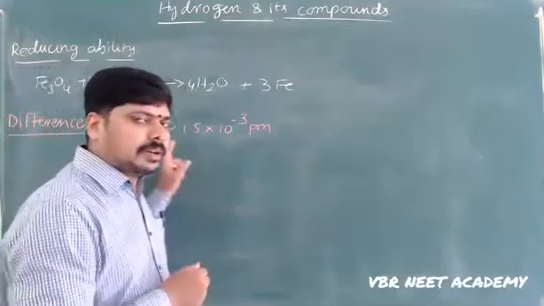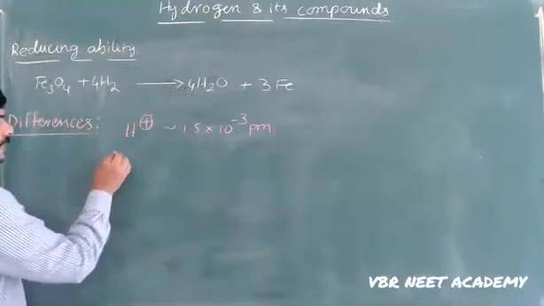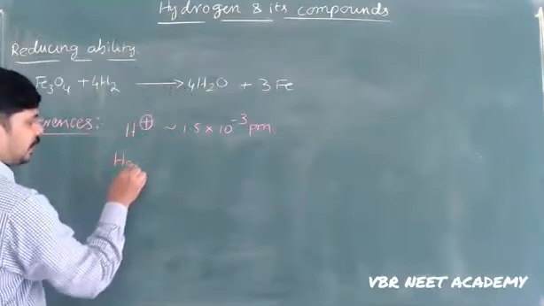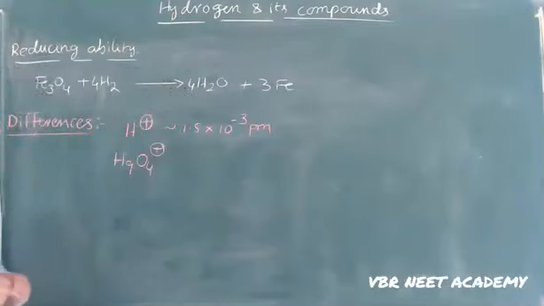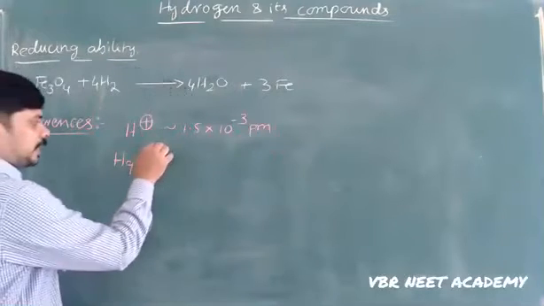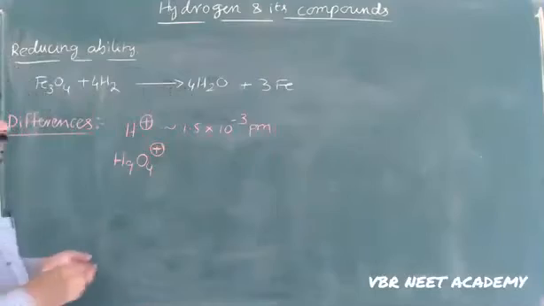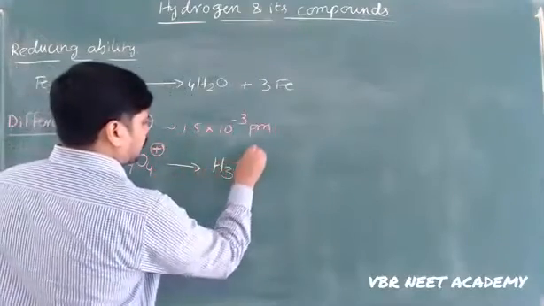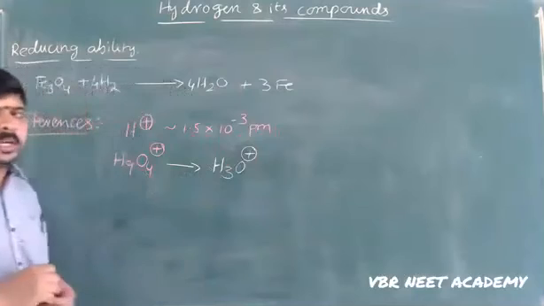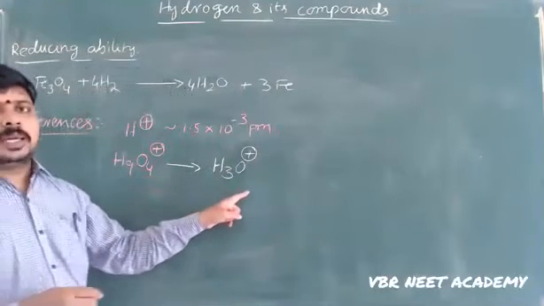That's why whenever we show H plus, in water it always exists as H9O4 plus. That's what we simply represent as H3O plus, the hydronium ion. Originally, it does not exist like this.